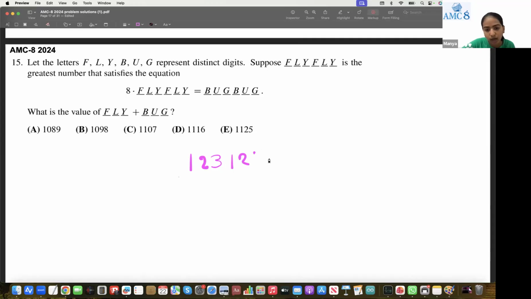FLY times 8, if I multiply it, we should be getting 4, carry the 2 here, carry the 1 here, 9, 8, 4. We should be getting 9, 8, 4.